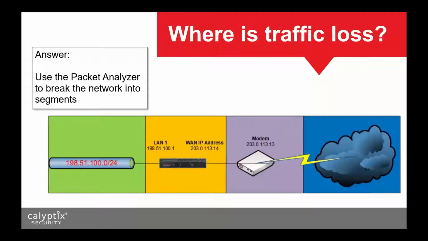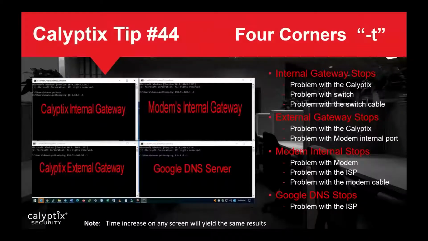So let's go ahead and look at how to do this. But before we start, I did want to give you a Calyptix tip. It's what we call 4 corners minus T. And this is probably one of the most helpful things you could do internally on your network. Somebody complains, hey, we're having an issue and our network is really slow.